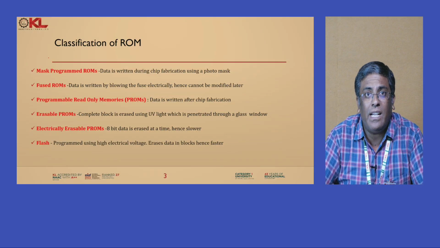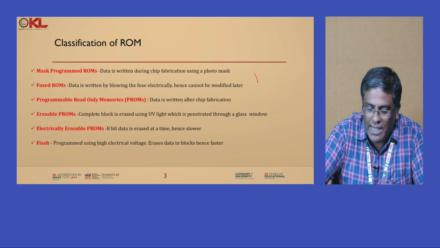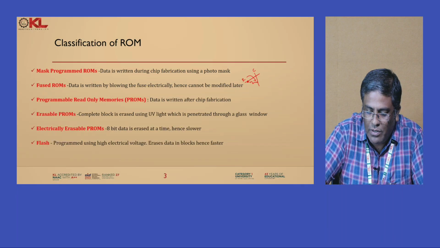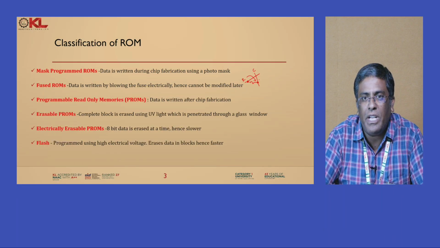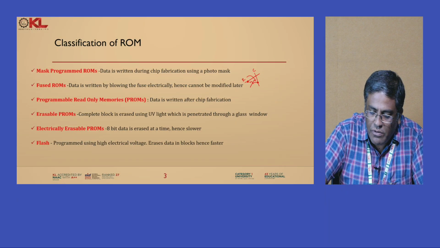Here the data is written by electrically blowing the fuse. That means, let's say for example I have a fuse between the row and column. If I want to write some data on the particular memory location where I want to store the data, I can electrically fuse this.